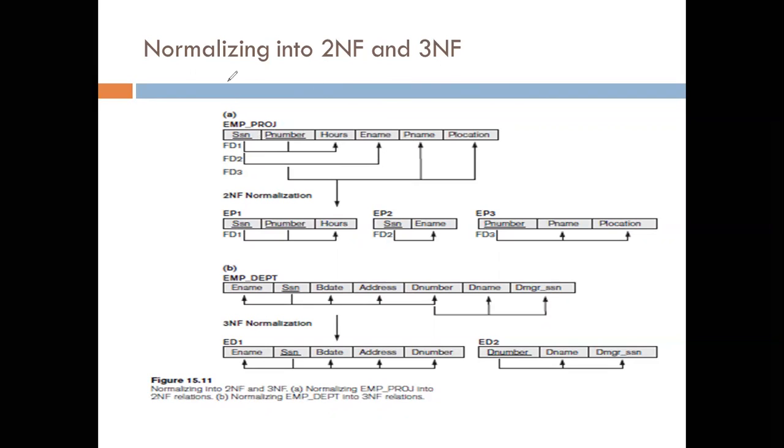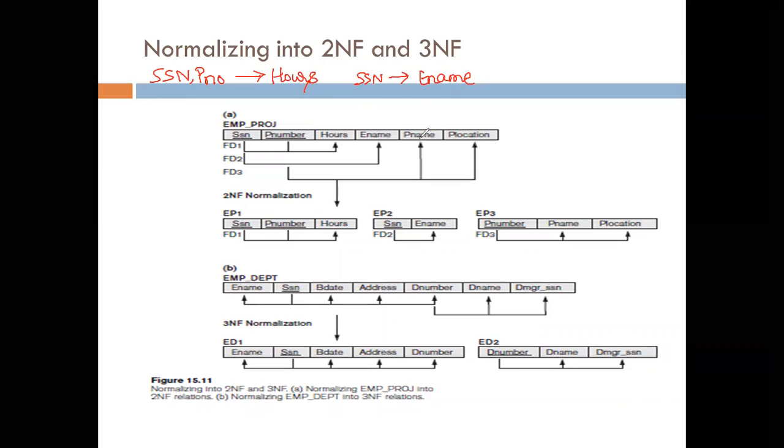So hours depend on both SSN and project number, SSN and project number is determining hours. So that is the first functional dependency, right? Then employee name. So employee name is depending on what? So employee name is depending on SSN. So it doesn't depend on project name. So employee name and project name.